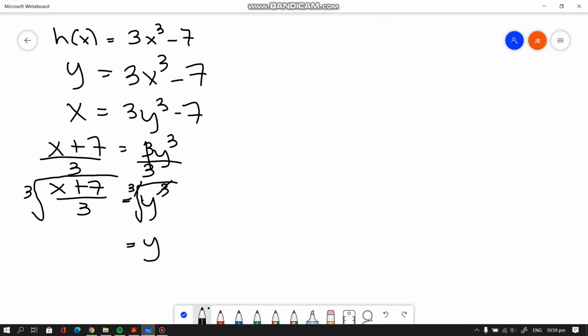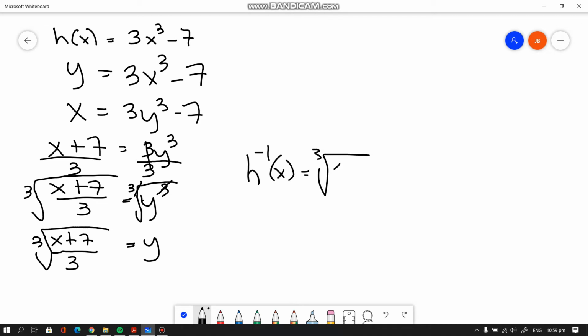Ito na lang ay y, and the answer is again the cube root of x plus 7 over 3, and the inverse is h inverse of x is equal to, again, the cube root of x plus 7 over 3. So, this is the inverse of our given function, 3x cubed minus 7.